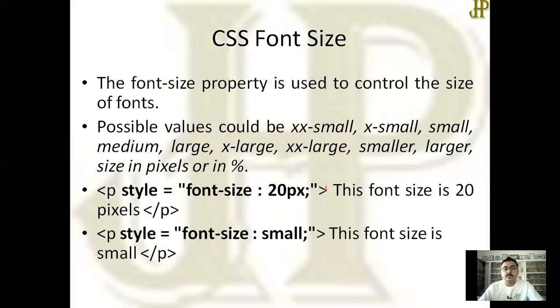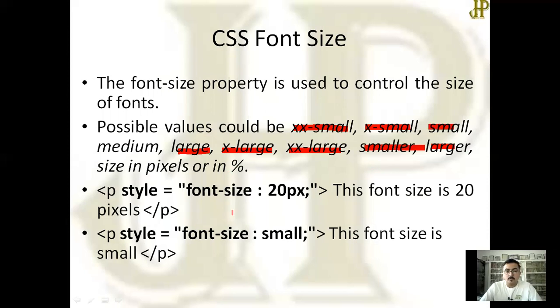Next one is font size, and font size can be given in pixels or in percentage. Other than this, there are also some values like extra small, small, medium, large, extra large, very extra large, smaller, larger. Okay, you can choose any of them.